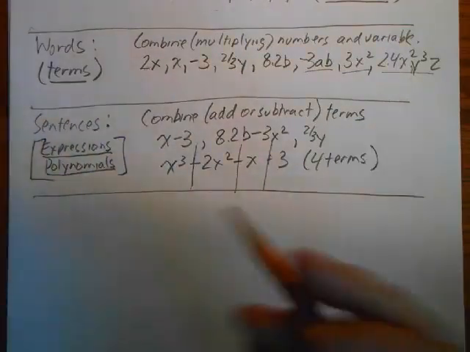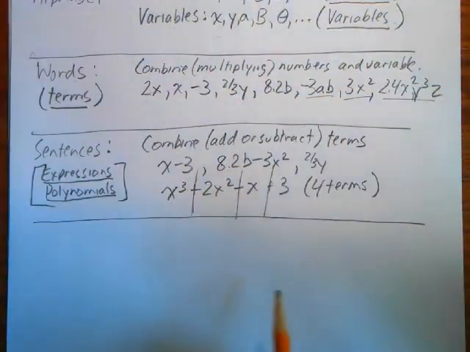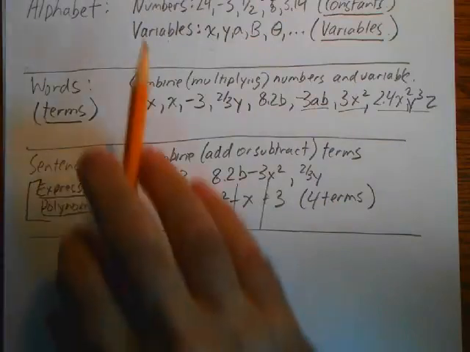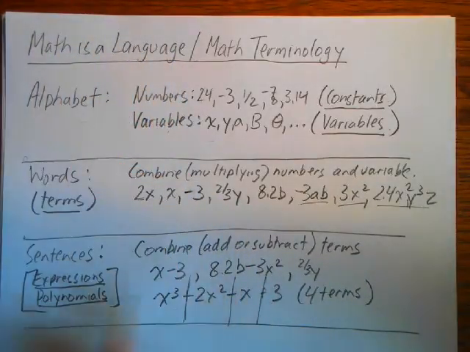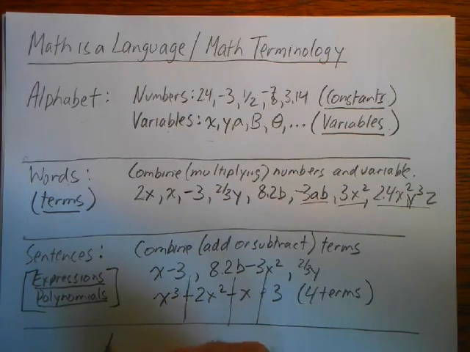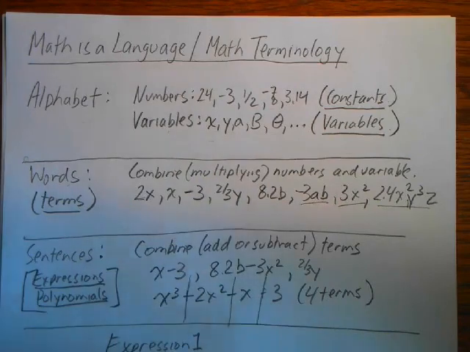Okay. So that basically explains the language part. So now we kind of go outside that. I could actually take two sentences, or in this case, expressions. I could have something like expression 1, so I'm just identifying that as an expression, is equal to expression 2.